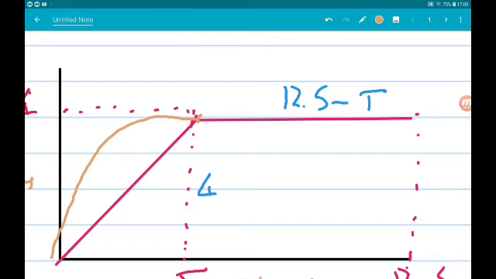Now we can see the area would be greater than it originally was, so that can't be true.